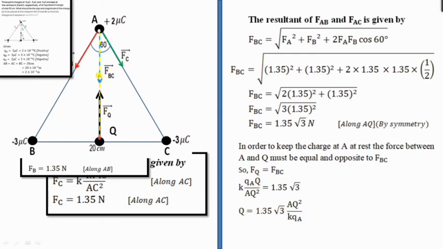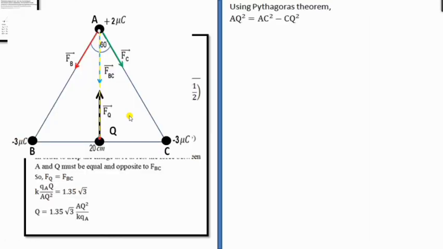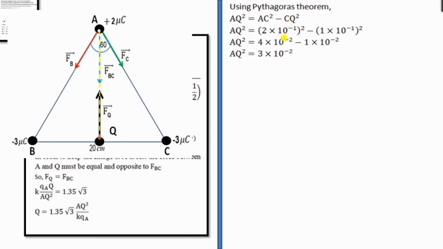Now we need to find this AQ square, so in order to find AQ we can make use of the Pythagoras theorem. Here you can see AQ square is equal to AC square minus QC square. Now if you put the values, you will get AQ square to be 3 into 10 to the power minus 2.